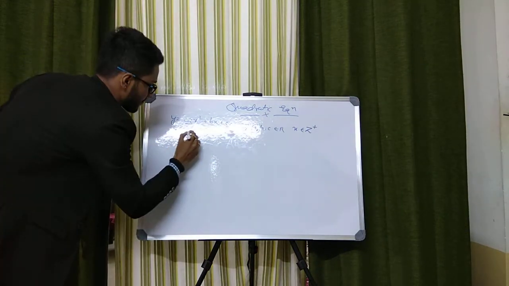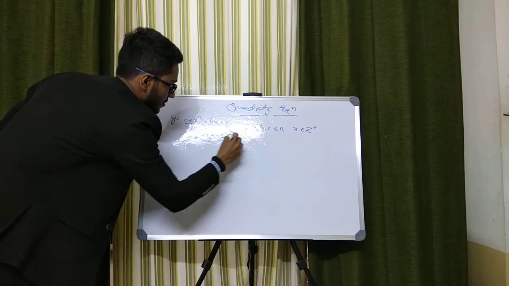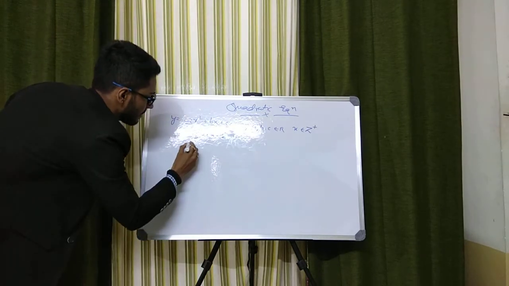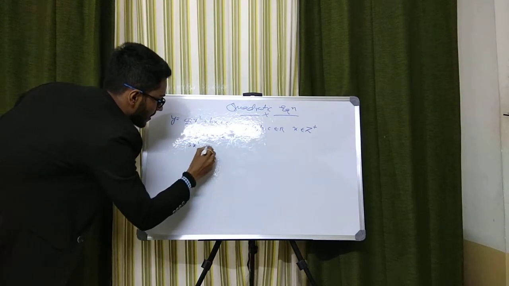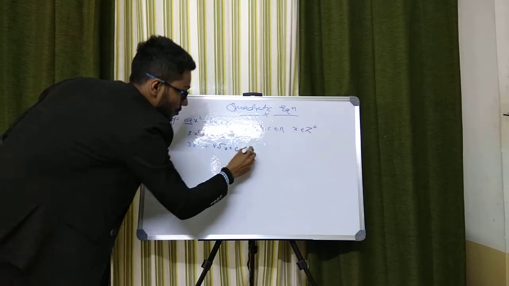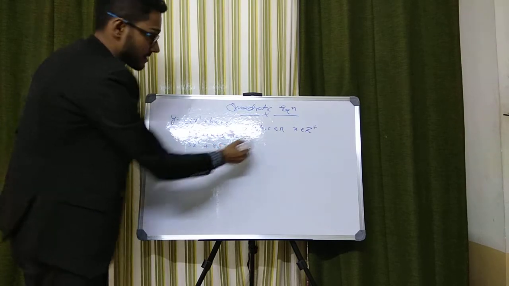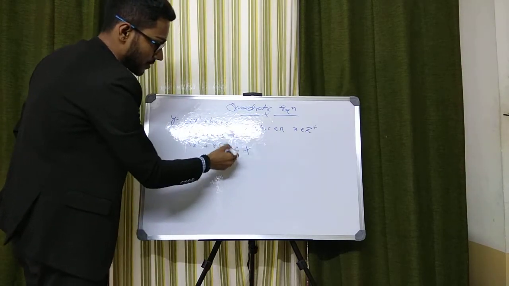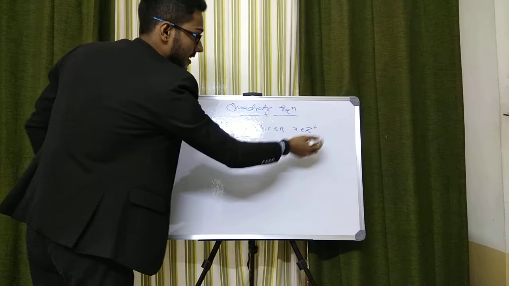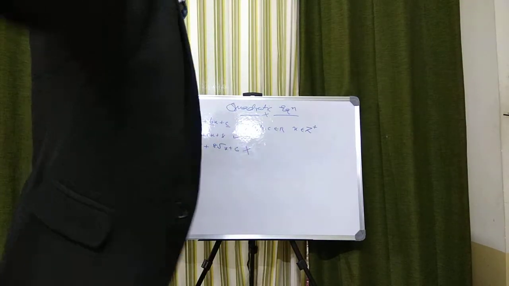If I say 3x square plus 5x plus 8, this is a quadratic equation. But when we say 3x square plus 8 root x plus 6, this won't be a quadratic equation because the power of x is not an integer, it will be the fraction 1 by 2. So it has to be non-negative integral powers. This is the basic core idea of what a quadratic equation means.